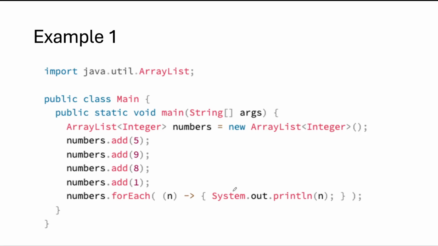Let us look at a small example of how the lambda function works. Here I am creating the main class. In the main class I have a void main function. In this function I am creating an ArrayList of integers. Since this is an ArrayList, I don't need to specify the size of the array. And in this ArrayList numbers, I am adding the values 5, 9, 8, 1.